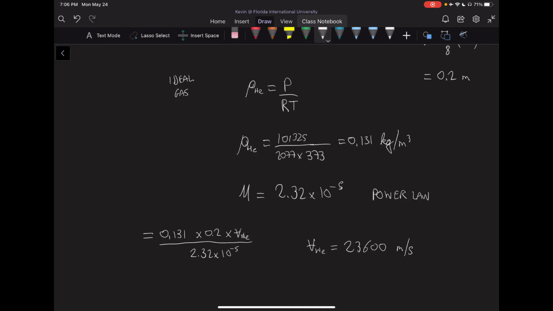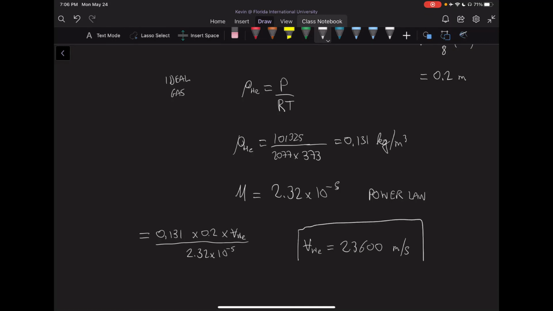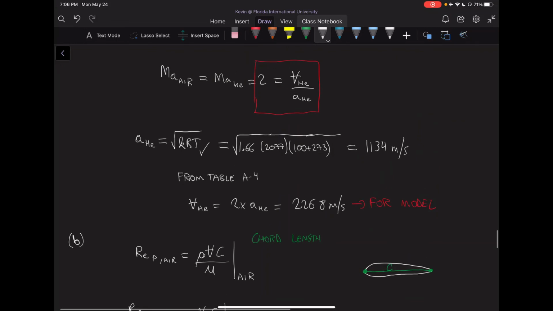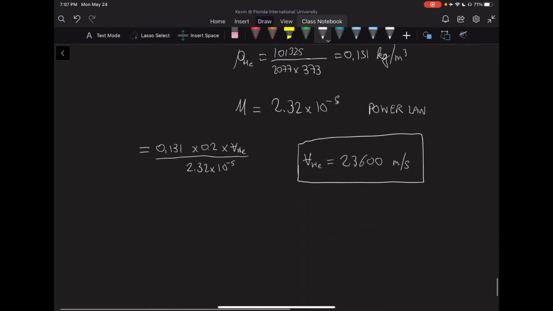So in order to achieve Reynolds similarity, our velocity of the helium should be equal to 23,600 meters per second. If we look at the velocity that was required for the Mach number above, we know that the velocity required to satisfy the Mach number is equal to 2,268. So one says 23,600 meters per second, the other one says 2,268.